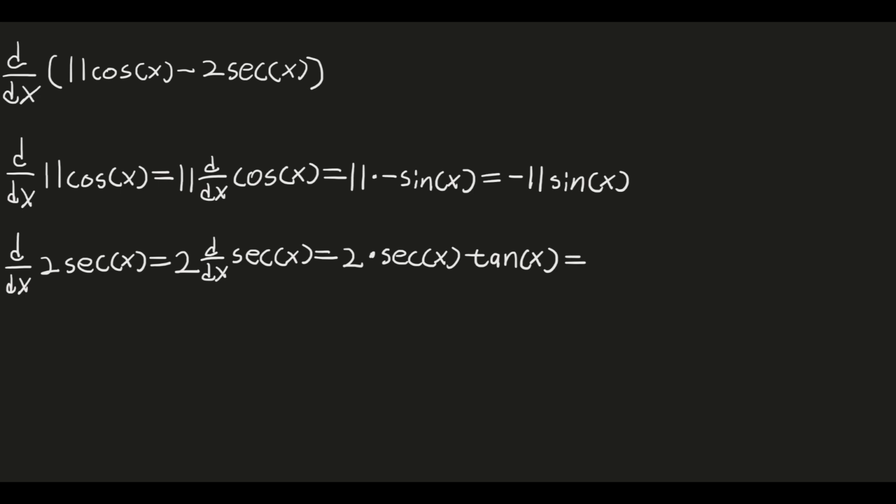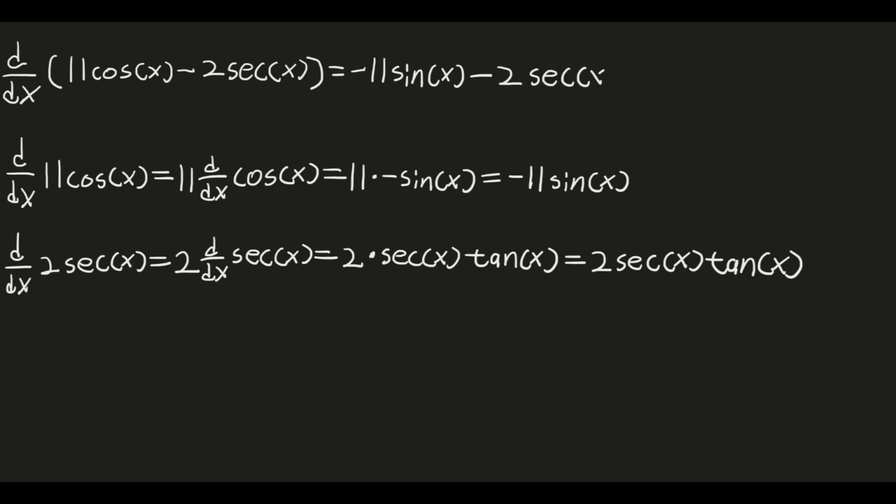Multiplying the two together, that would get us 2 secant x times tangent x. Now we can write the derivatives of the first and second terms together. So writing out the derivative of the first term, that would be negative 11 sine x minus the derivative of the second term, which was 2 secant x times tangent x. And this will be our final answer.